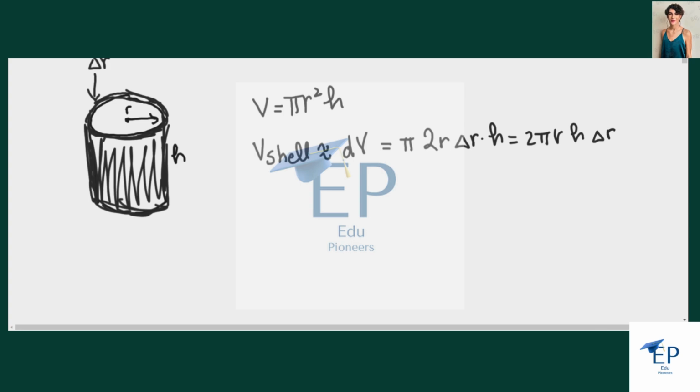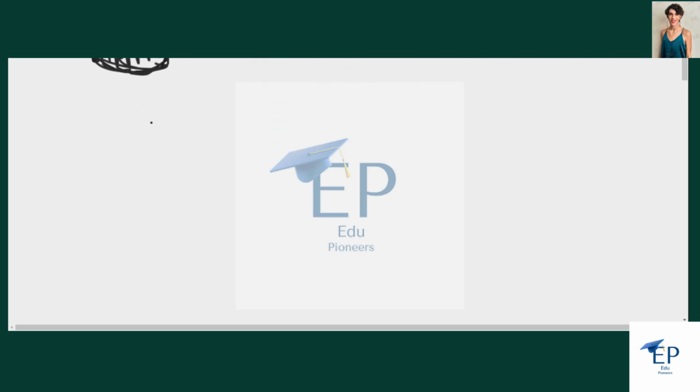Okay, so that's a formula we could use to approximate the volume of a shell if we knew the inner radius and the thickness of the shell. So how much error are we making? All right, let me draw you a better one with a little bit more detail.